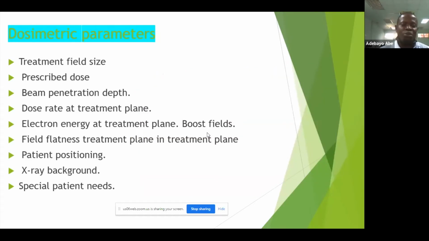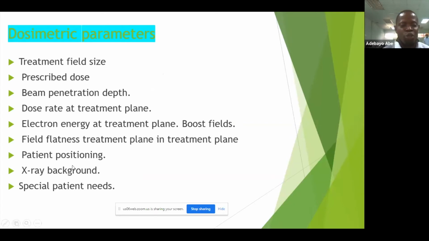Dosimetry parameters that we need: your treatment field size, you have to make your field size at least 2 centimeter flash, at least, from where the arms are spread to, and from the skull.